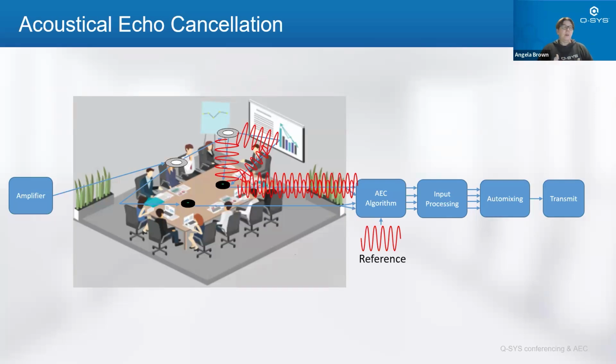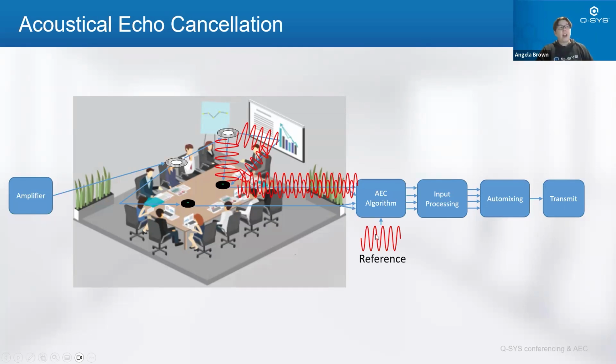How do we do that? One of the biggest ways is to provide our AEC algorithm, our acoustic echo canceller, a reference signal, a clean signal that says, here's what's coming from the far end. Here's your reference, here's the thing we want you to take out.